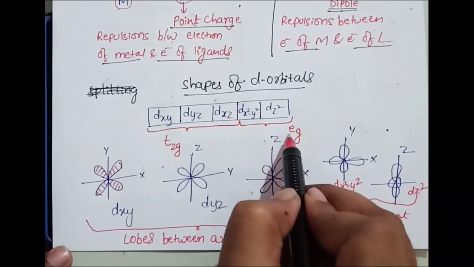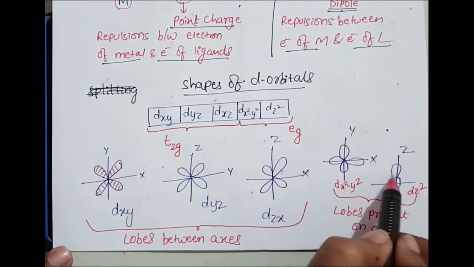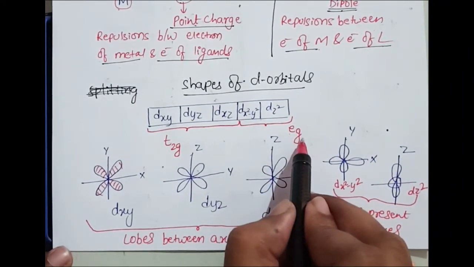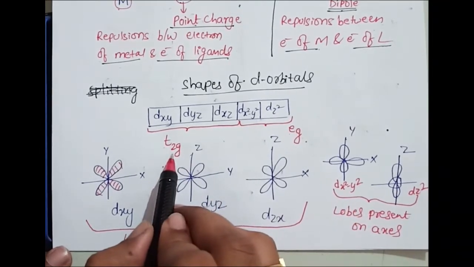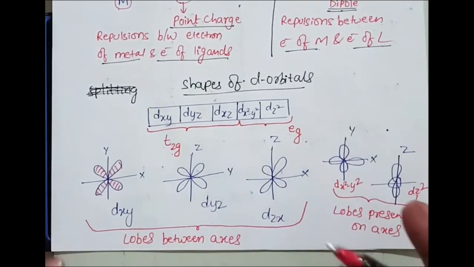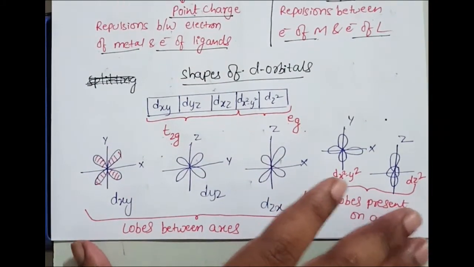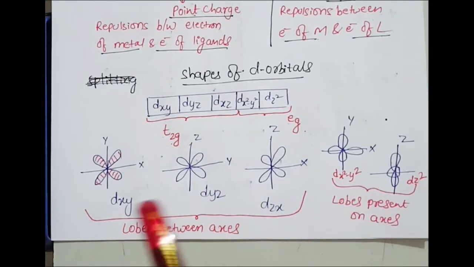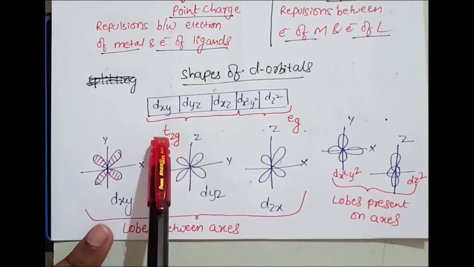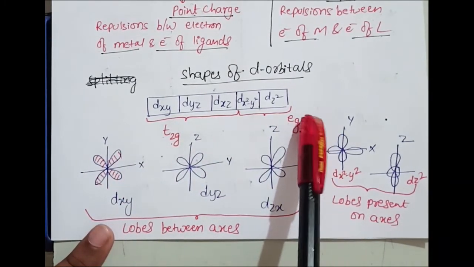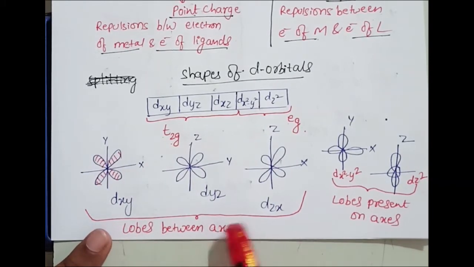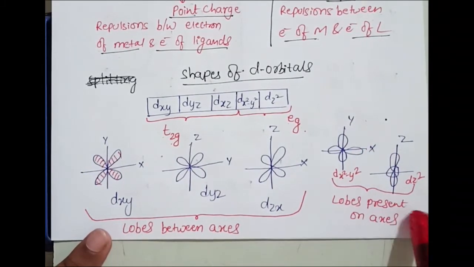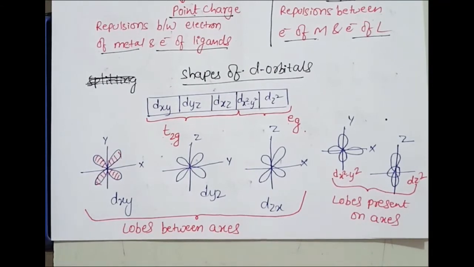E stands for doubly degenerate, so there are two orbitals. G stands for gerade, also people say Gerard. So totally d-orbitals are classified into two types, the group of t2g and the group of eg. In t2g, dumbbells are present between the axes, and in eg, dumbbells are present on the axes. Clear?